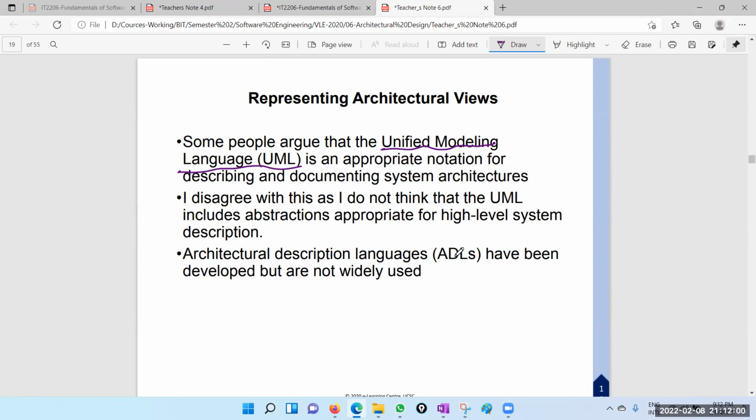Architecture description languages and some alternative ways also the software teams are trying. But still the most popular approach is the UML diagrams, right? So that is where you have different diagrams like class diagrams, etc. But a class diagram is not an architectural view. An architectural view is even higher level. Okay.